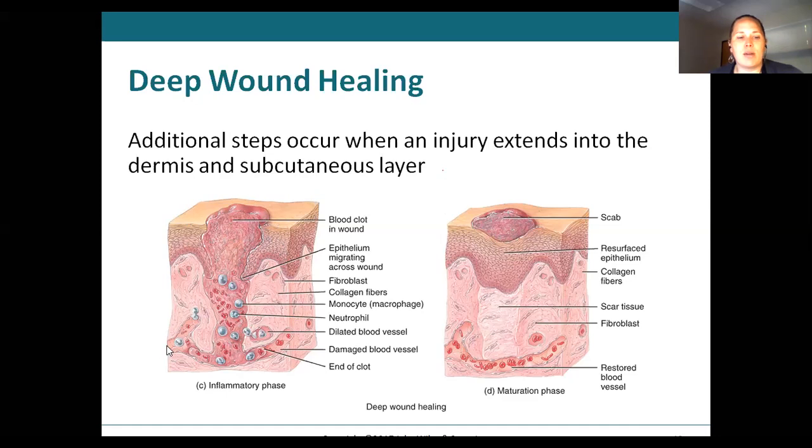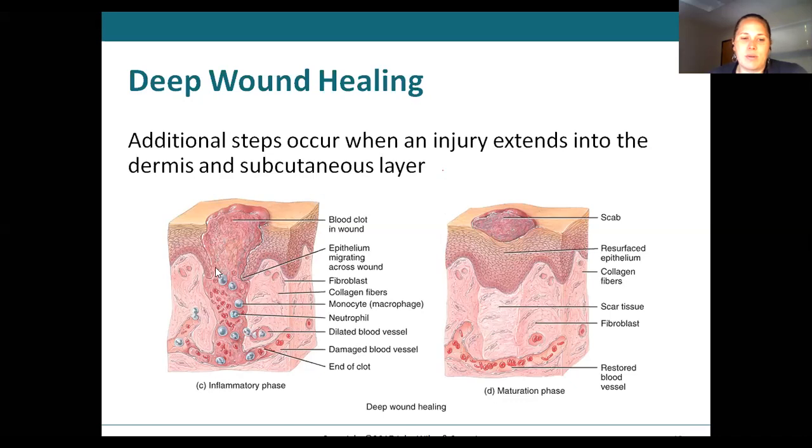It's important to recognize that in a deeper wound, you'll probably sever the blood vessels that are vascularizing that region, and that's going to allow for the release of things like the neutrophils and monocytes that are flowing through your blood.